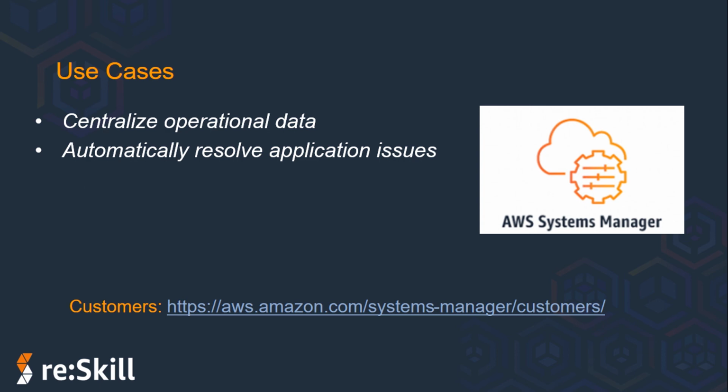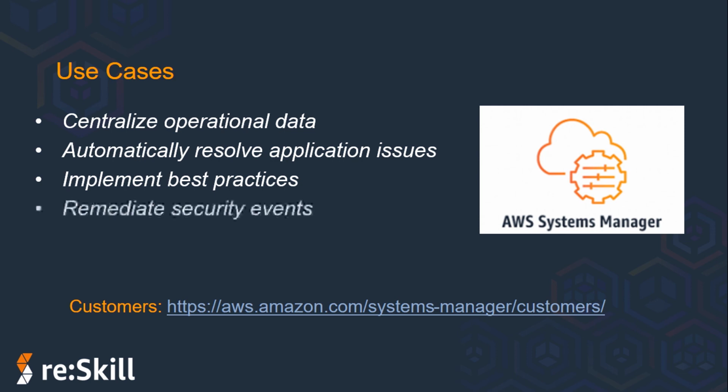Okay, and also we can automate the proactive processes such as patching and resource changes, as well as the reactive processes, which is to quickly diagnose and remediate operational issues before they affect any users. Also, we can improve our security and compliance profile and analyze the security events after the fact to prevent a future reoccurrence. Okay, so that these events should not happen, we can just quickly remediate them.